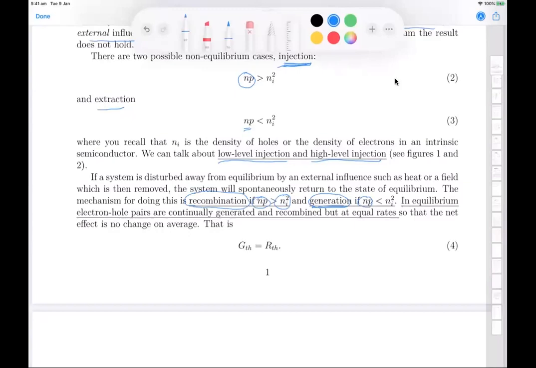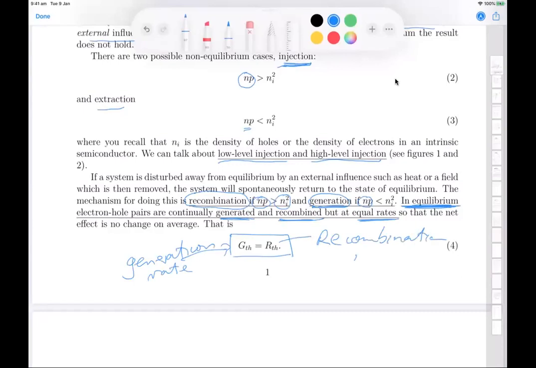In equilibrium, the generation of electron-hole pairs continuously occurs, but the generation rate and the recombination rate are equal. That is, here we have the generation rate and here we have the recombination rate.